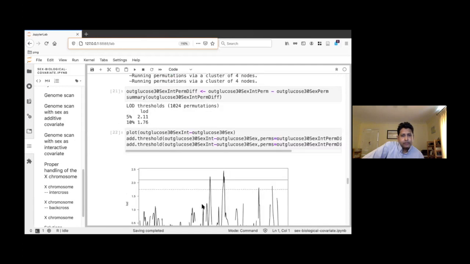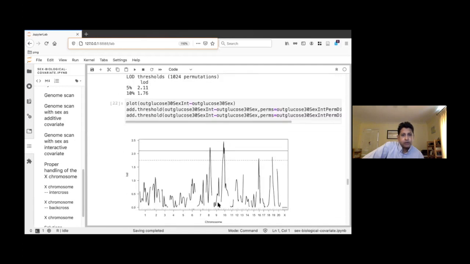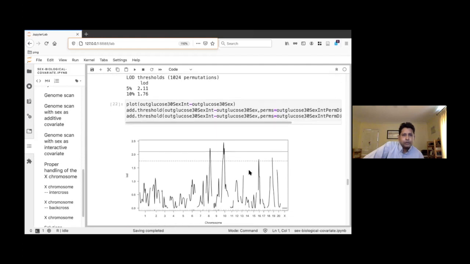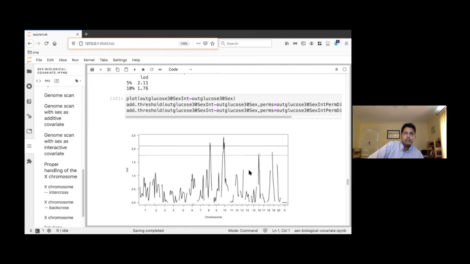So if you do that, this is the Qtl scan searching for deviations from additivity and the corresponding permutation thresholds. You will see that there are two places where you are confident that there are some deviations from additivity, which is chromosome 8 and chromosome 10 here. Now, you could have done two genome scans, one adjusting for sex as an additive covariate, another as a test for additivity.